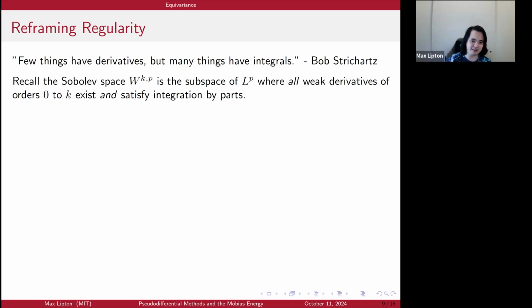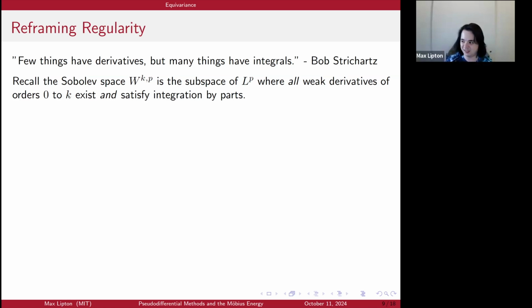So recall that the Sobolev space W^{k,p} is the subspace of p-integrable functions where all weak derivatives of order 0 to k exist, and they satisfy the integration by parts formula. Satisfying the integration by parts formula is very important here, because just saying that a weak derivative exists almost everywhere leads to some pathologies.